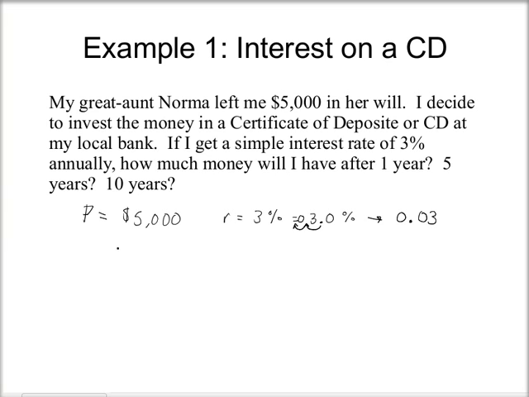So let's look at how much I will have after 1 year. Well, after 1 year, the amount that I have in my CD is going to be equal to the principal times (1 plus R times t), and since this is 1 year, t is equal to 1.